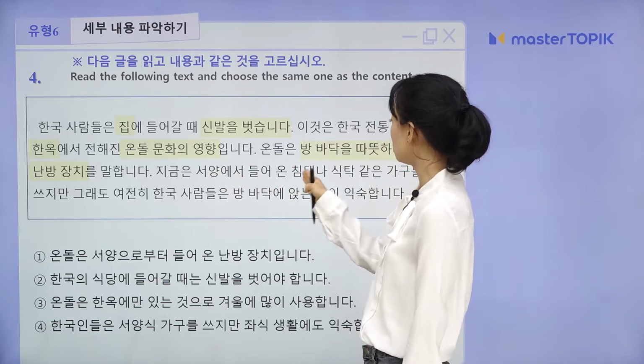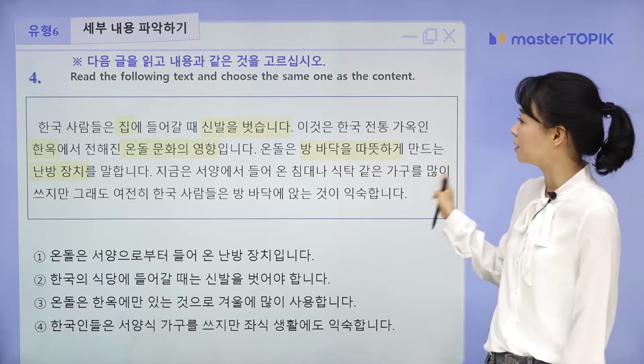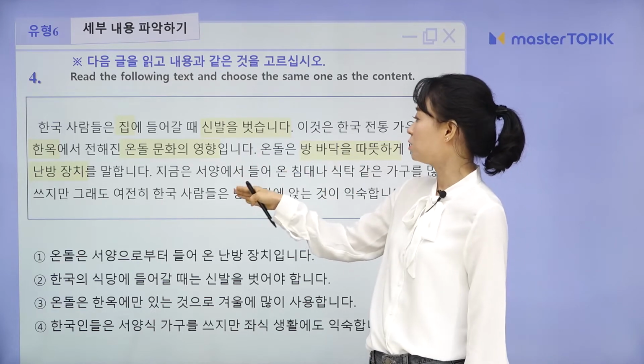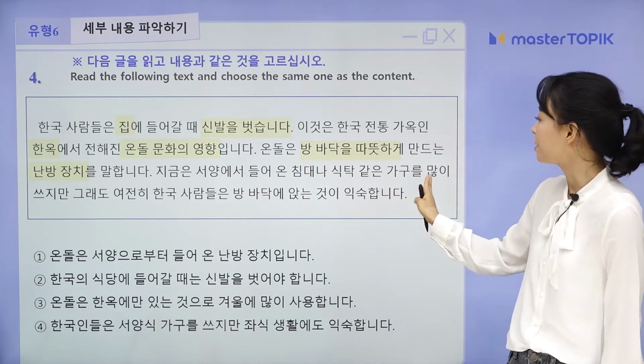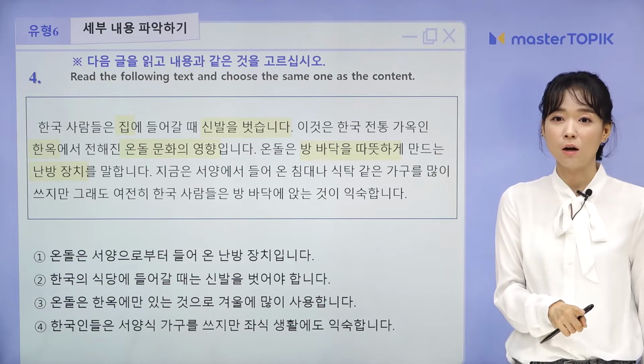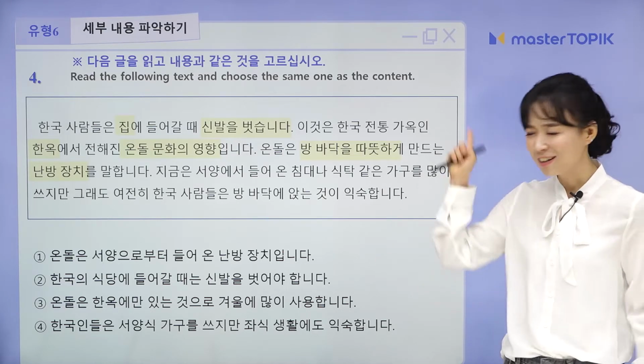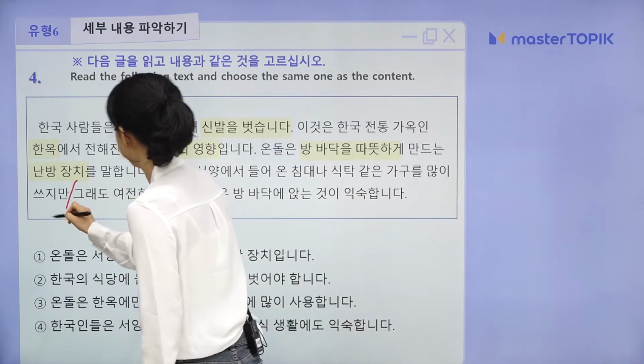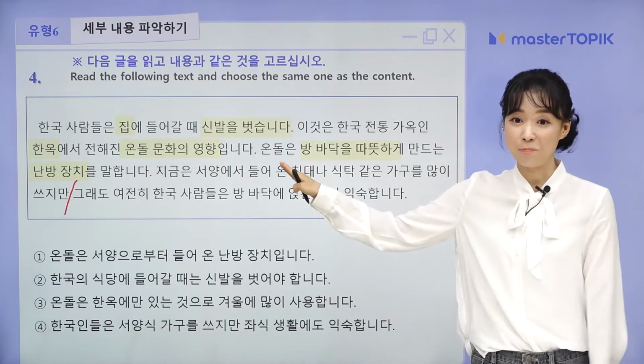지금은 서양에서 들어온 침대나 식탁 같은 가구를 많이 쓰지만 그래도 여전히 한국 사람들은 방바닥에 앉는 것이 익숙합니다. Oh, so long sentence. Let's cut. 지만, but.